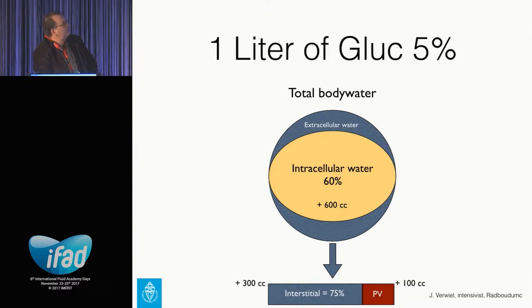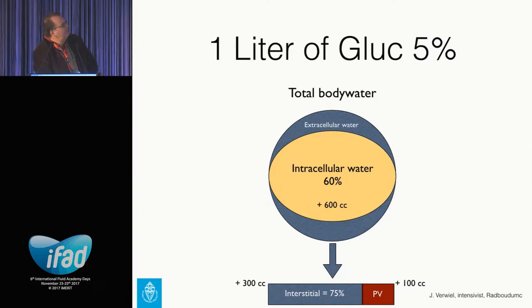I will come back to that. Only 100 cc of this 1 liter comes into the plasma volume. So this is a very poor fluid for fluid resuscitation. We all know we do use it for cases of hypernatremia, but it is, of course, not for fluid resuscitation.